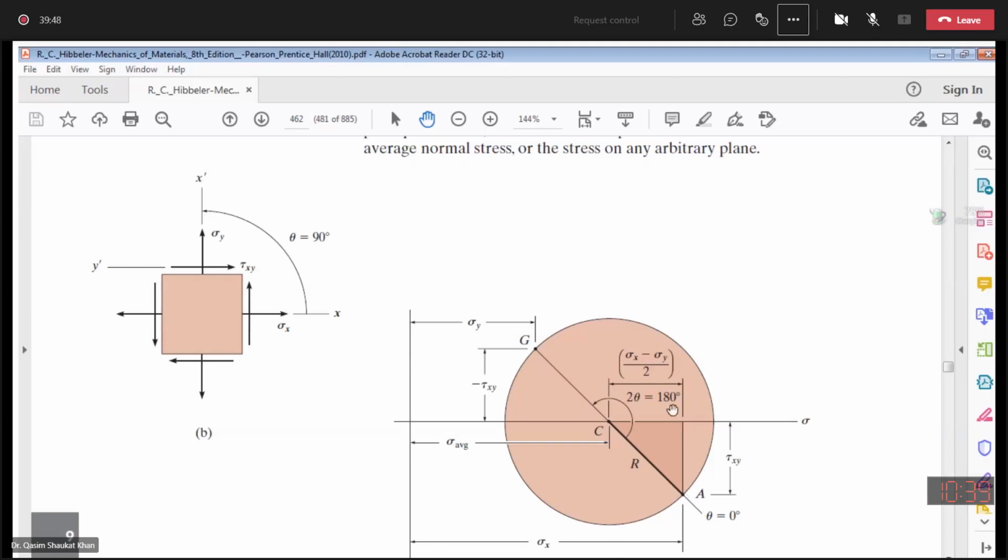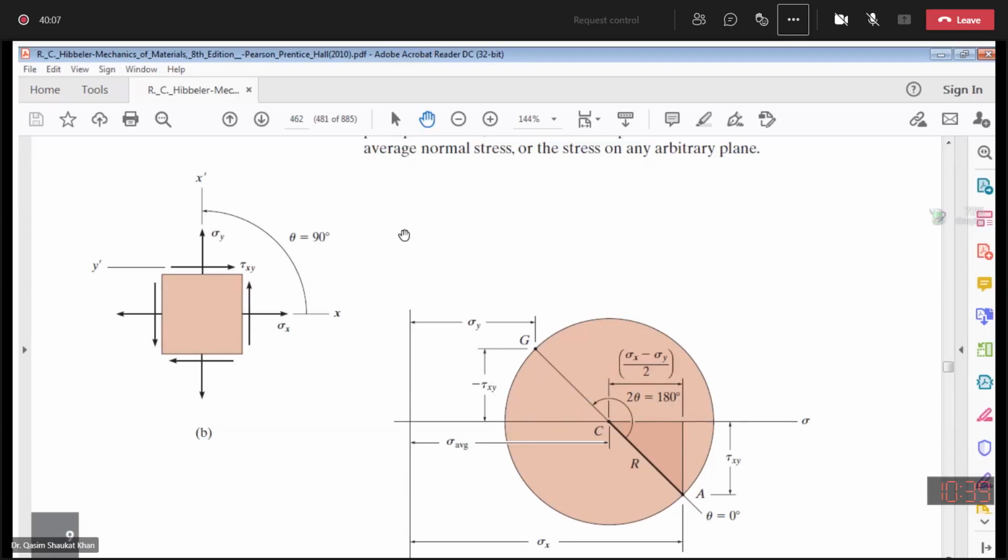If it is clear, then let's start with the procedure for the construction of Mohr circle. First step is we have to establish the coordinate axis. So this is your normal stress, this is your shear stress.